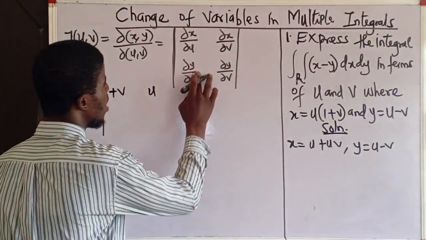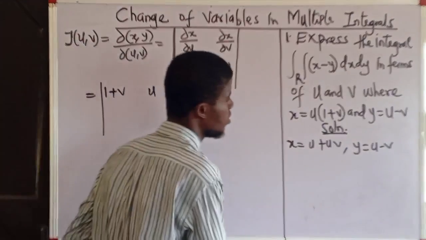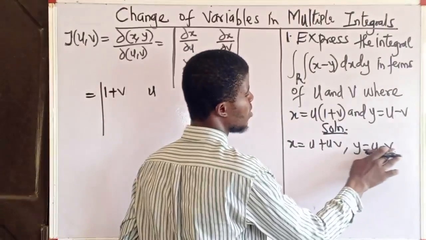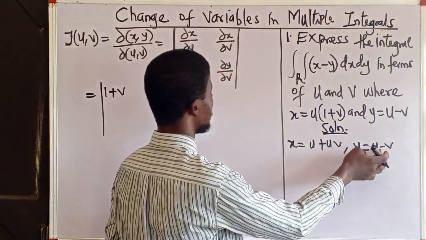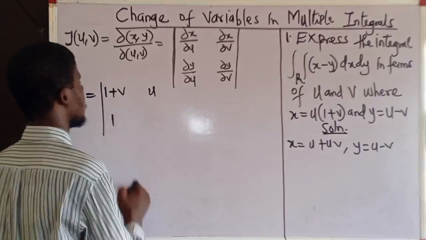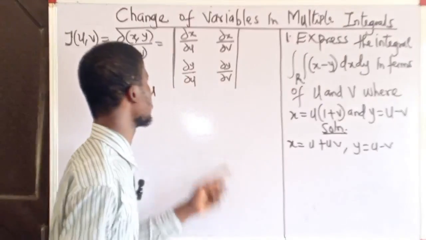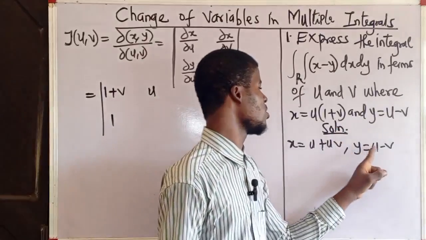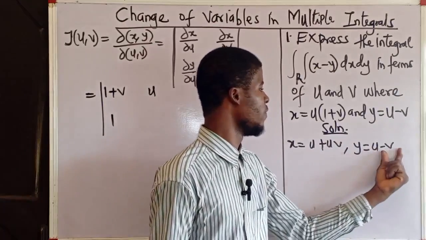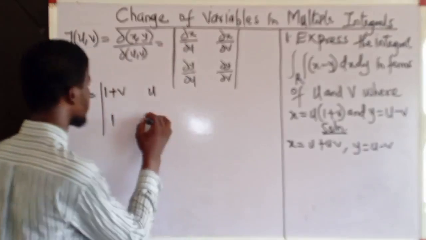The partial derivative of y with respect to u, keeping v as a constant, gives 1. And if I differentiate y with respect to v, the partial derivative, u is a constant, so differentiating minus v gives minus 1.